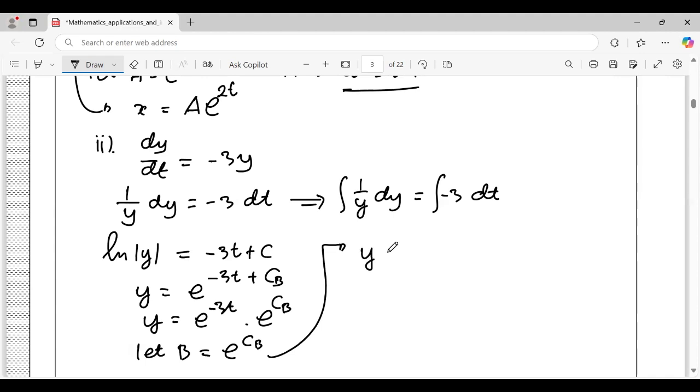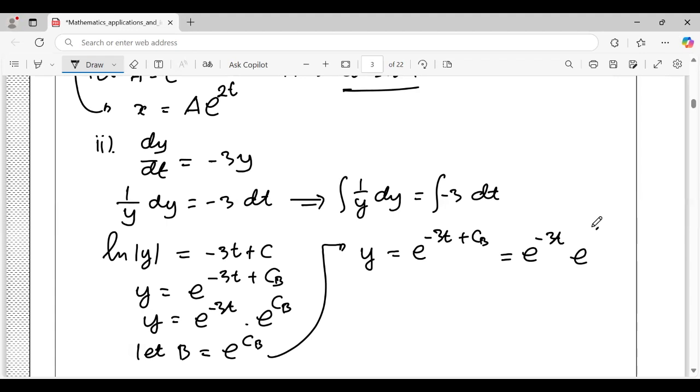So the equation becomes y equals b times e to the power minus 3t.